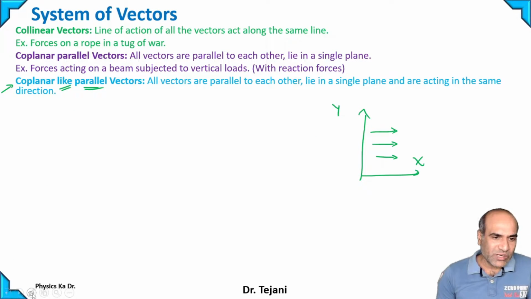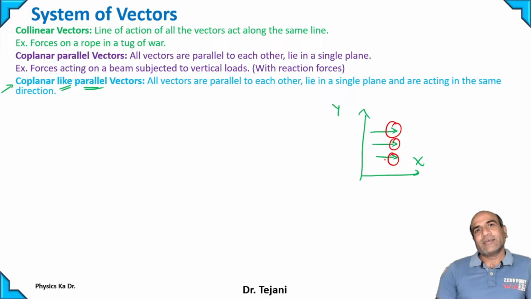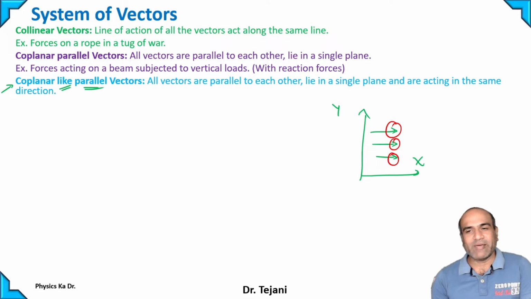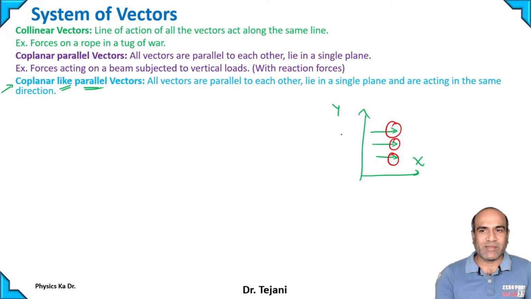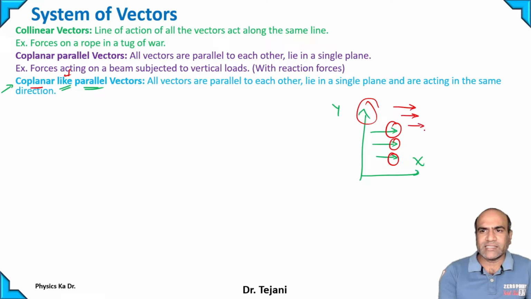Another word used is like. Like means see the arrow direction: the arrow direction must be the same. Magnitude can be different, but arrow direction must be the same. So three things are mentioned: coplanar means a single plane, xy; like means all the directions should be on the same side; and parallel, we know, means the angle should be equal for all.